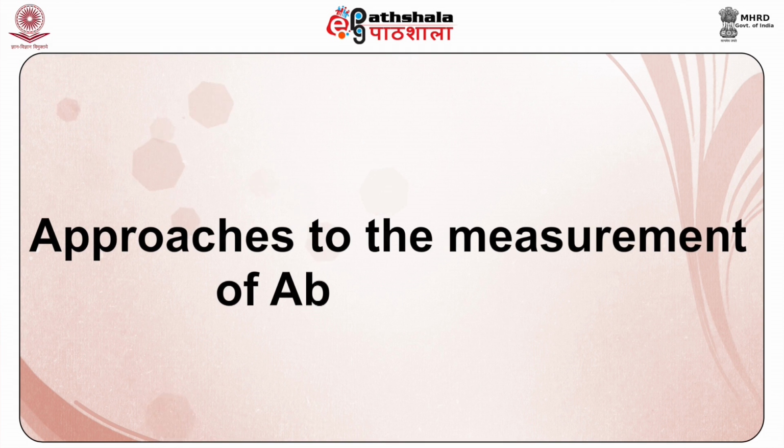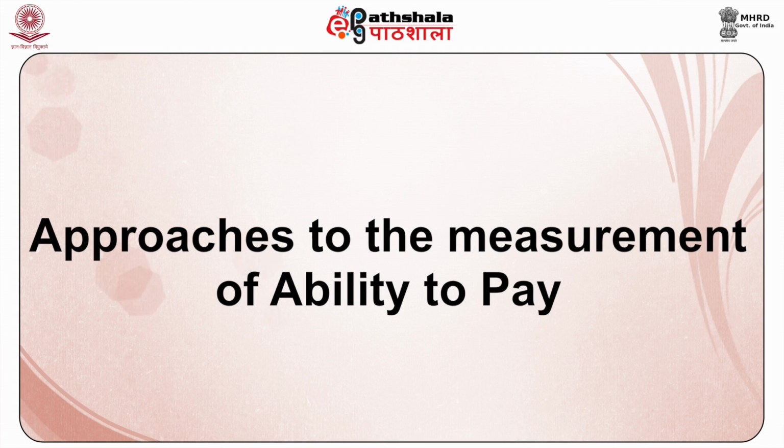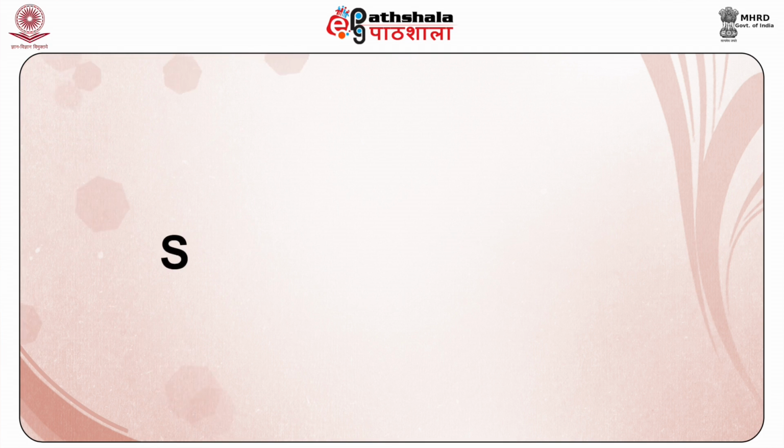Next, we shall discuss the approaches to the measurement of ability to pay. Subjective approach. The subjective approach to tax paying ability states sacrifice as the decisive factor for determining the tax burden. Every time a tax is levied on an individual, he feels a pinch or suffers from a disutility.